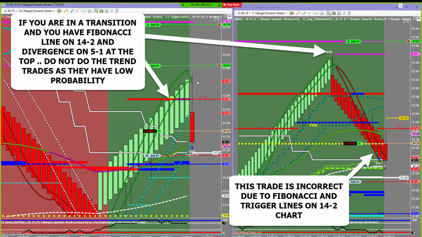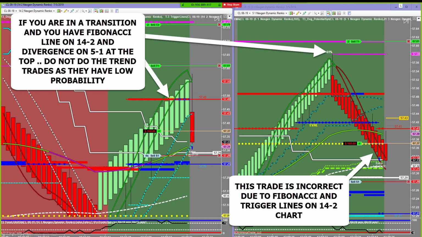We're in a transition, but we have hit Fibonacci resistance at 57.49. And we have one simple rule: we have to have 4 triggers past resistance or we don't do a long trade. Because every time you get to fib resistance and you only have 1 trigger line passed, you're going to lose.